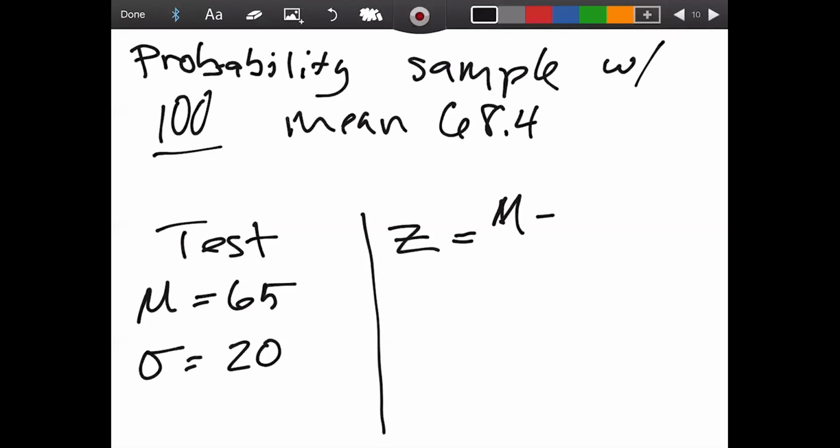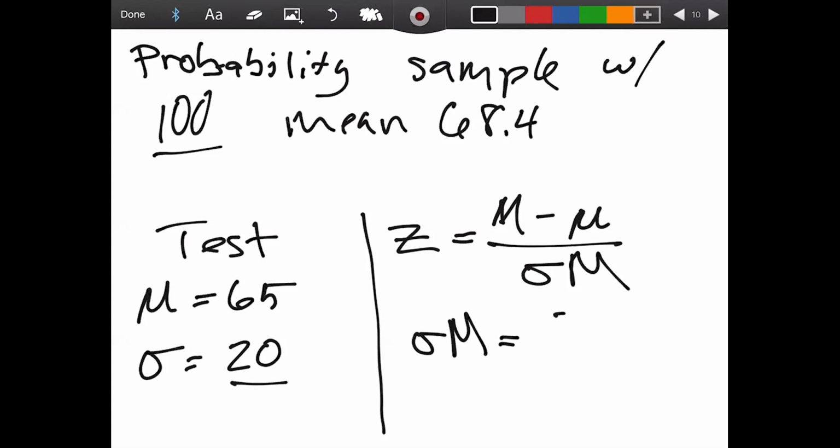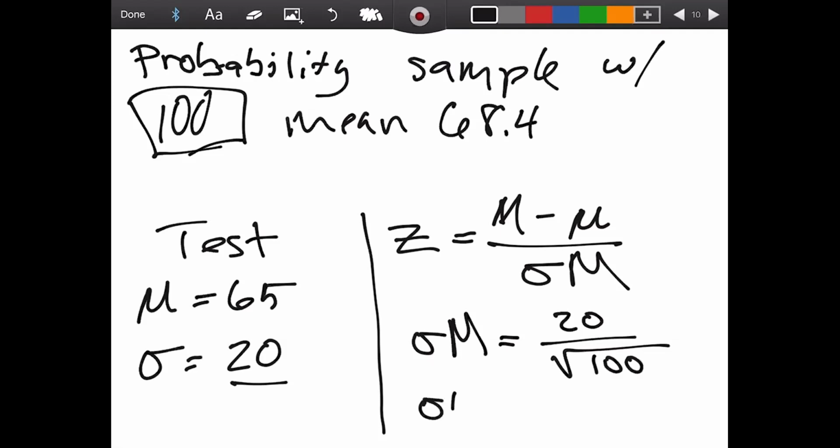And so the equation for the z-score that we're going to be using is the sample mean minus the population mean over that standard error of the mean. To get that standard error of the mean, we again have to take the standard deviation, in this case 20, divided by the square root of the number, and in this case, that's 100. So we know that the standard error of the mean is going to be 20 over 10 or 2.